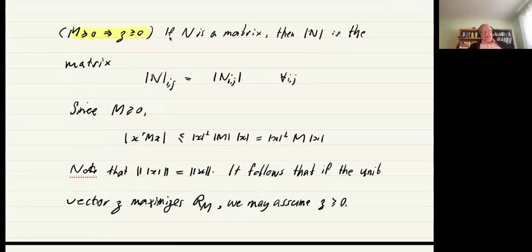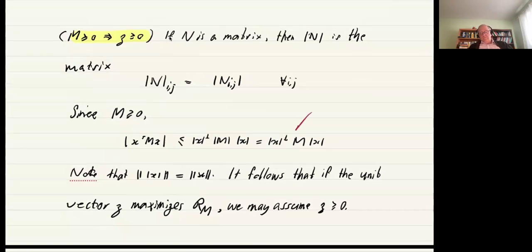And then I notice that since M is non-negative, the absolute value of x transpose Mx is bounded by the triangle inequality, and since M is itself non-negative, we get this. But this is a Rayleigh quotient. And if x is a unit vector, so is the absolute value of x.